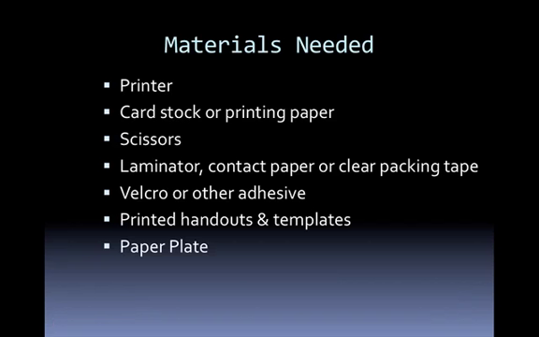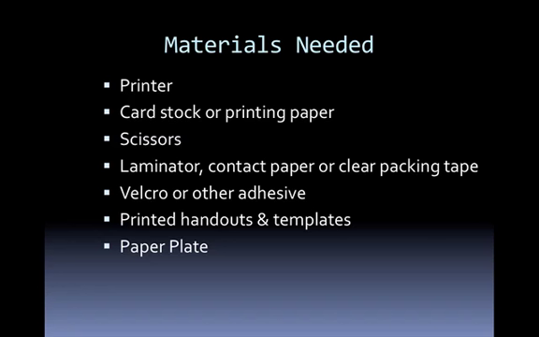Before we get started, I want to make sure that everybody has the materials that are going to be needed. You're going to need a printer, some cardstock or printing paper, scissors, a laminator, or if you don't have a laminator, then you can use contact paper or clear packing tape, Velcro or other types of adhesive like sticky tack, double-sided tape, anything like that.